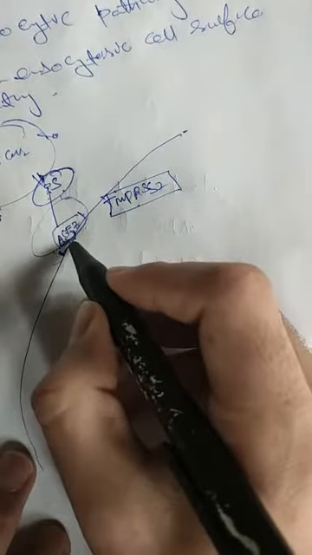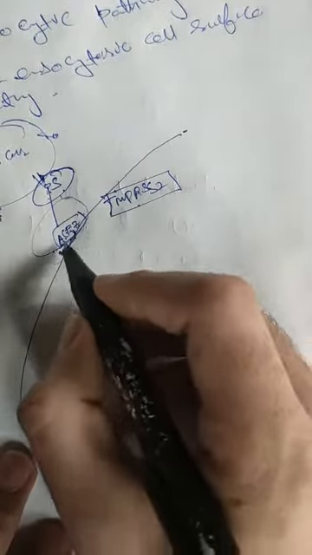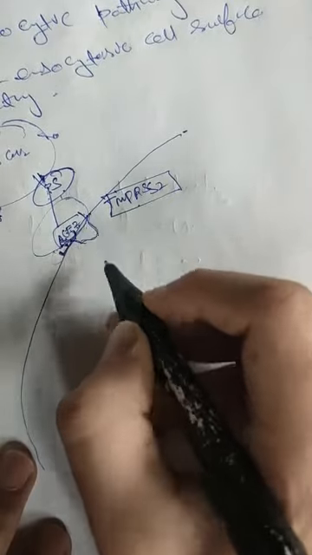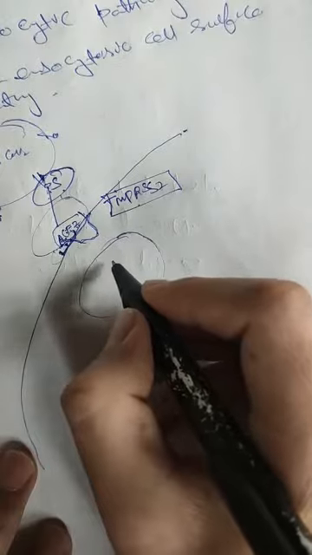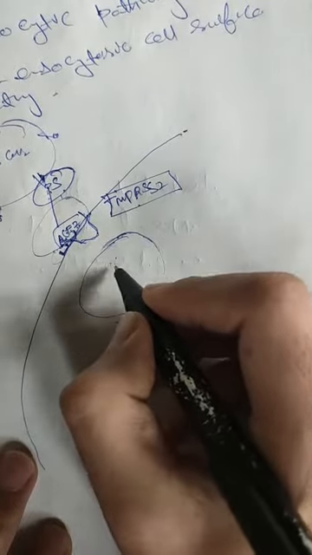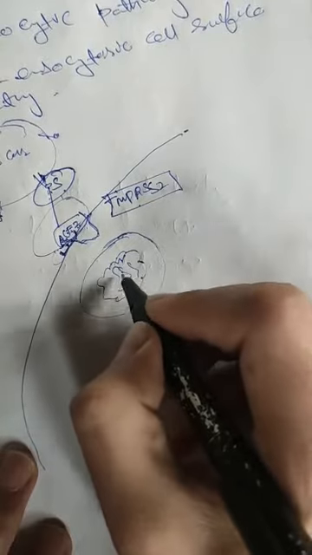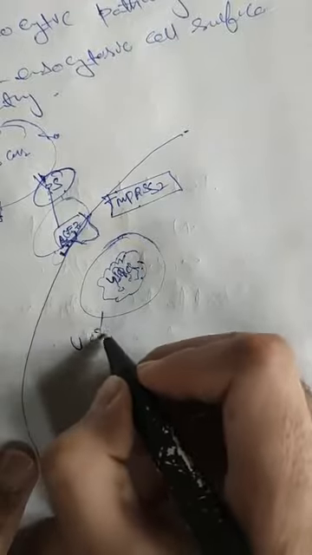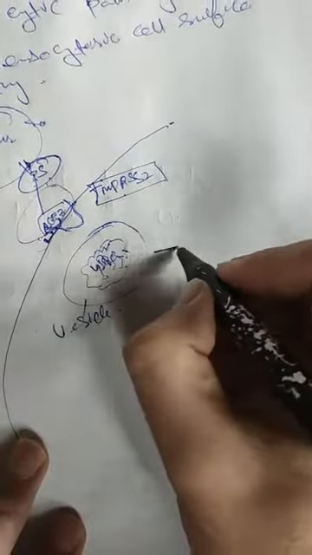After that, as we know, they form a vesicle, and this is endocytosis. Through the endocytosis pathway, this whole complex forms a depression and comes inside the cytosol like this. Now the whole complex, this is a virion inside this endocytic vesicle.